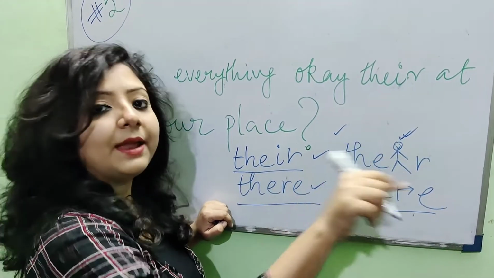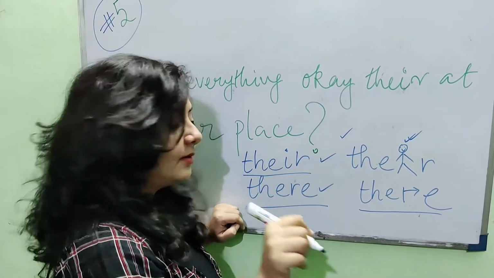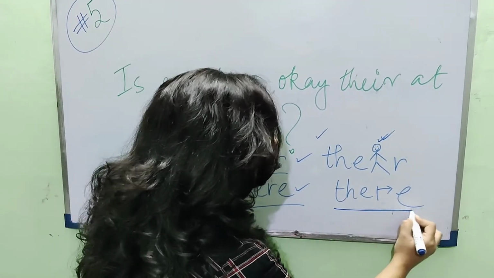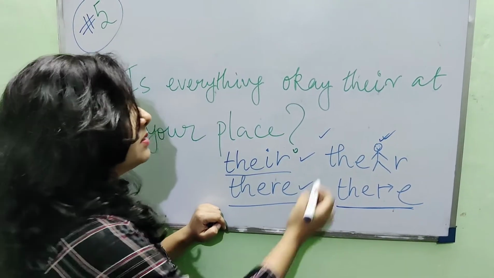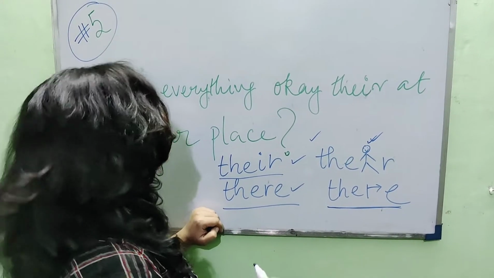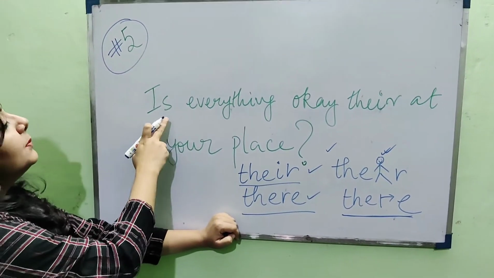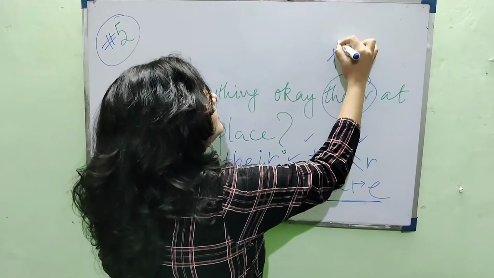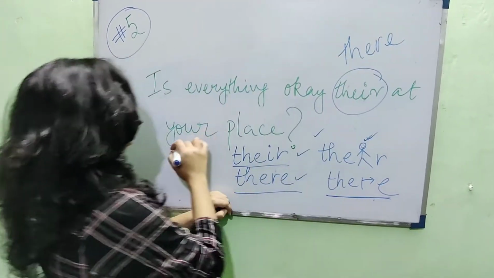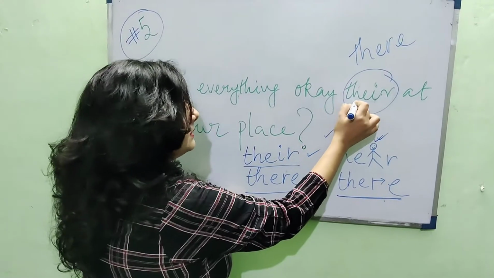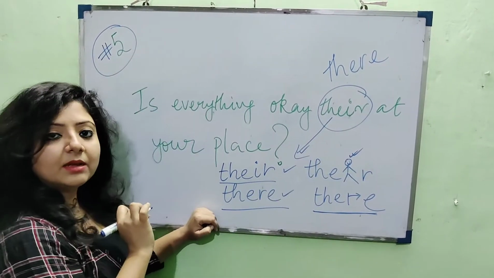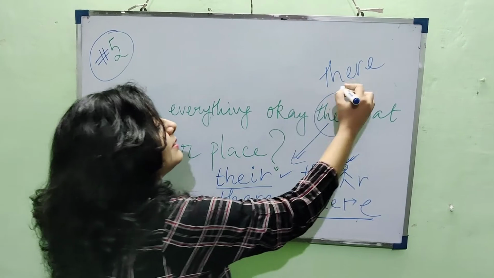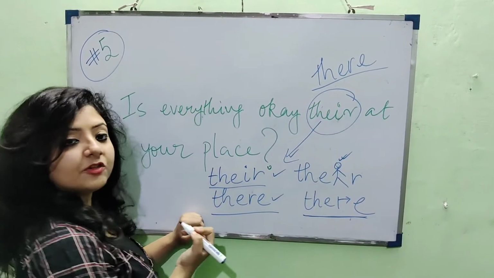My house is over there. Keep the keys there, okay? So we are pointing at a place or at a direction. So these two are very different in meaning, and here the person wanted to say, is everything okay there at your place? Because here this particular meaning doesn't really go with the sentence. So the correct thing to write here would be T-H-E-R-E.